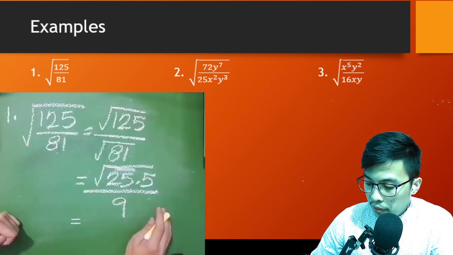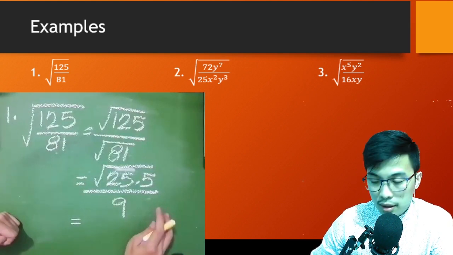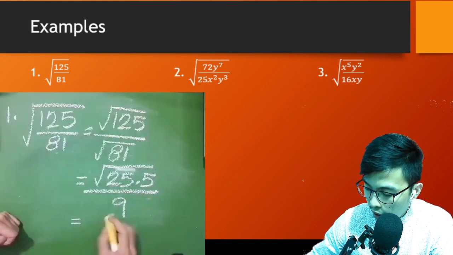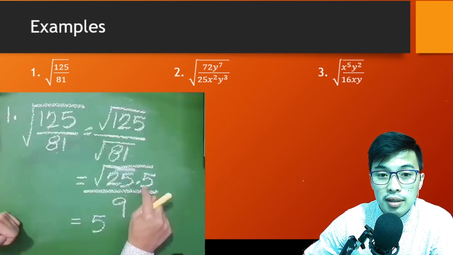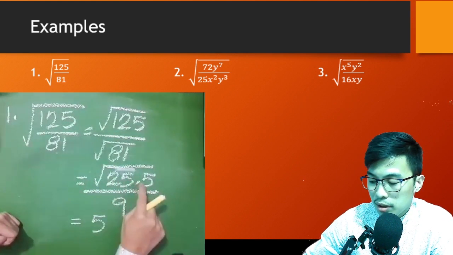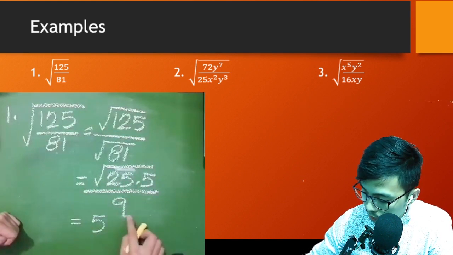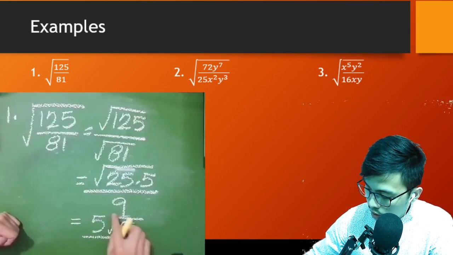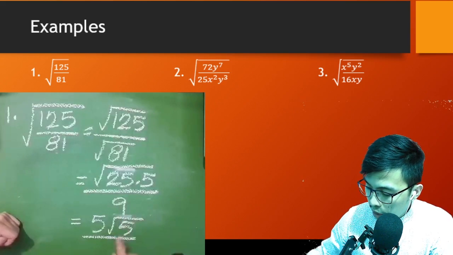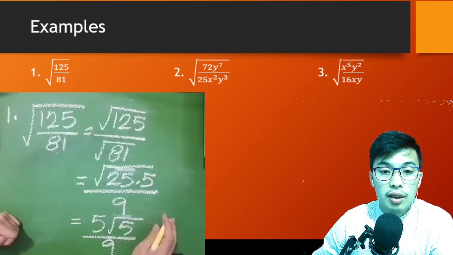Okay. So, the simplified form of this is square root of 25, that is 5. And 5 will remain inside the radical sign because it is not a perfect square. Times the square root of 5, over the denominator, which is 9. Okay?